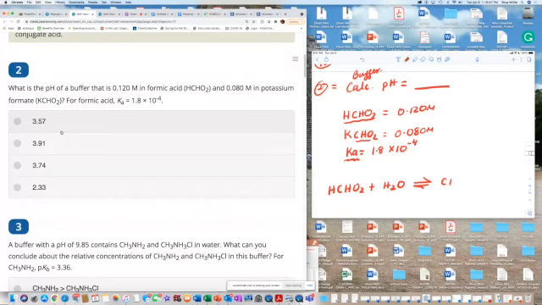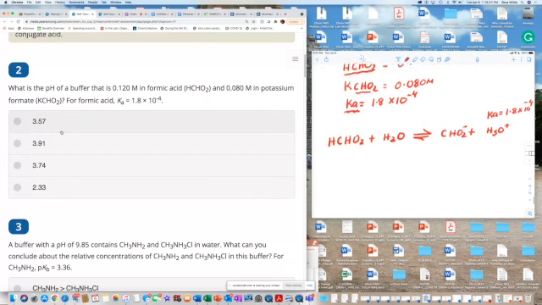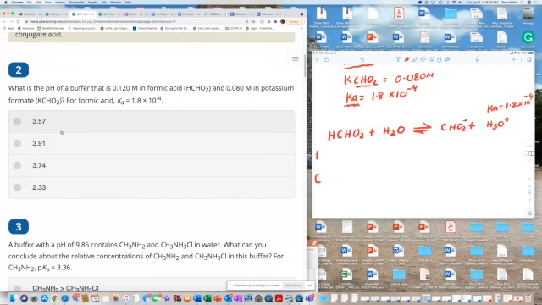And then CHO2 minus plus H3O plus. Here I've lost an H from here to here. The Ka that goes with this is similar to the acetic acid one, but it's times 10 to the negative 4. I have my initial, my change, my equilibrium.